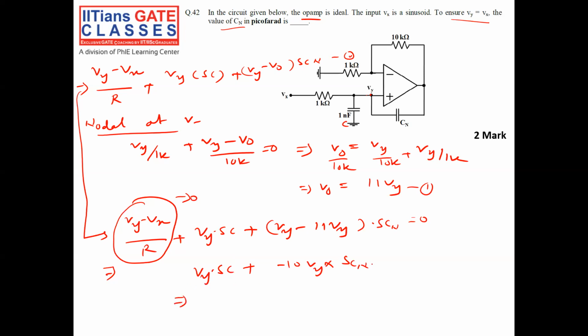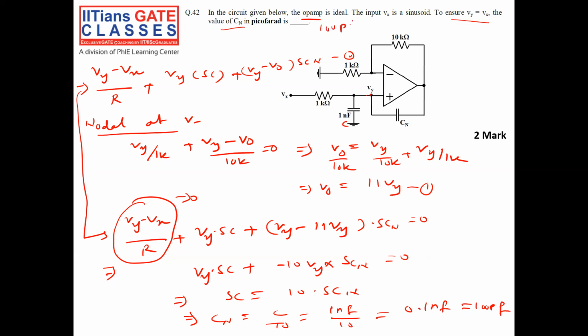So we got Sc is equal to 10 into Scn, which implies Cn is equal to C by 10. C is 1 nanofarad, divided by 10 is equal to 0.1 nanofarad, which is nothing but 100 picofarad. The answer should be 100 picofarad.